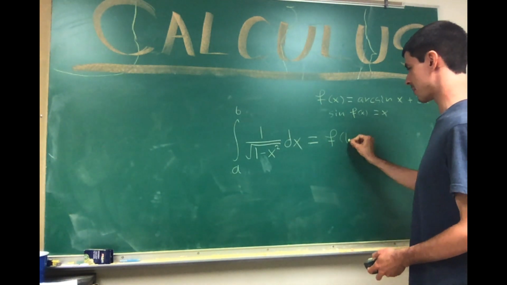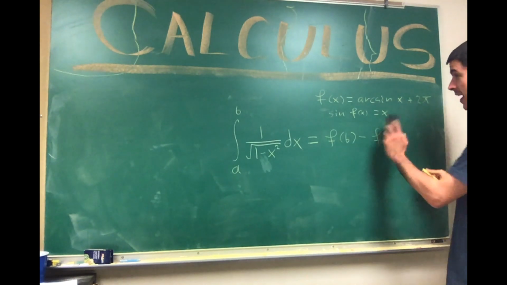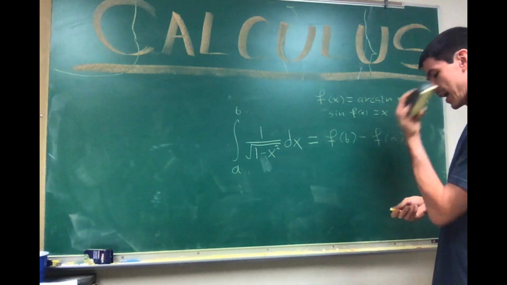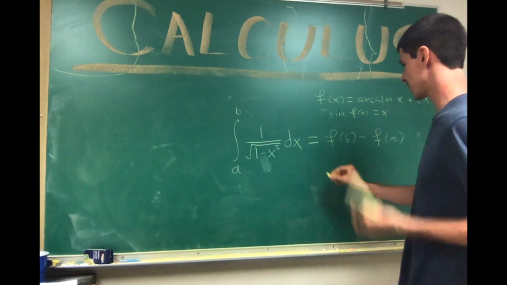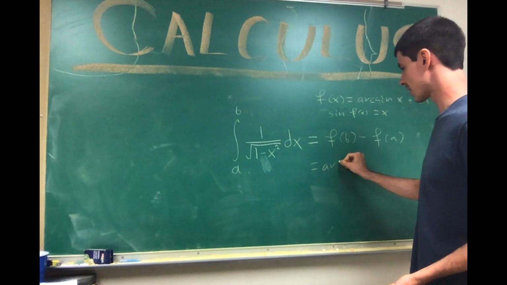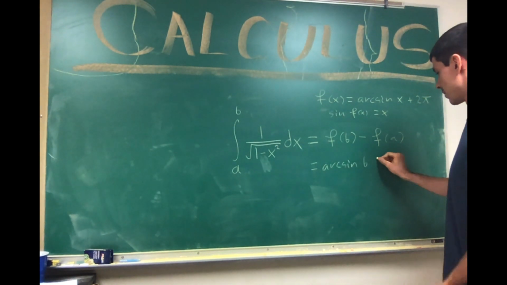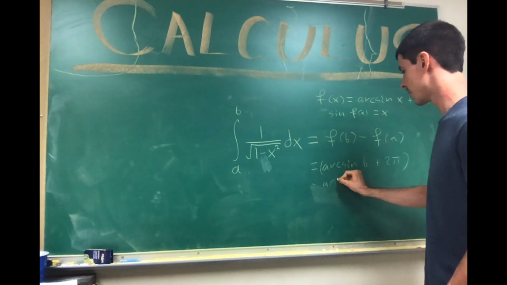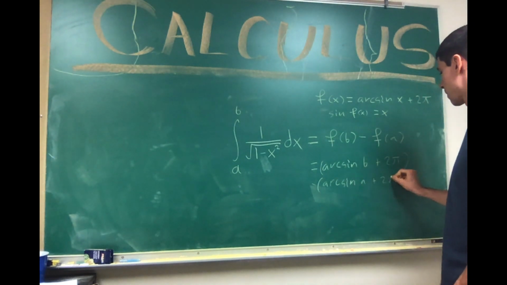We could put in f of b minus f of a, and we would still have the area, and that comes from the fact that the 2 pi is just a constant factor added into the mix. Makes no difference. So this is arcsine of b plus 2 pi minus arcsine of a plus 2 pi.